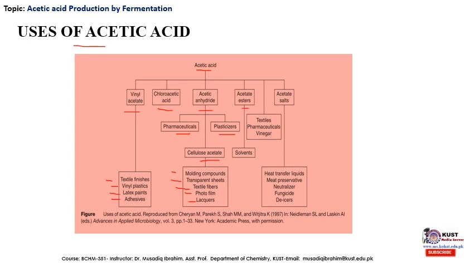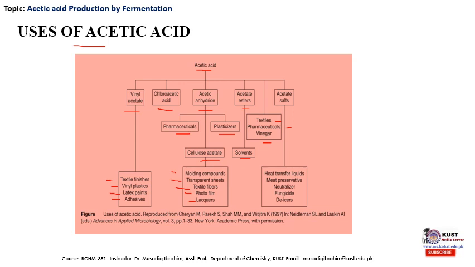The acetate esters are also one of the derived forms of acetic acid, which are used as solvents. And directly the acetic acid is used in textiles, pharmaceuticals, and mainly for the preparation of synthetic vinegar.